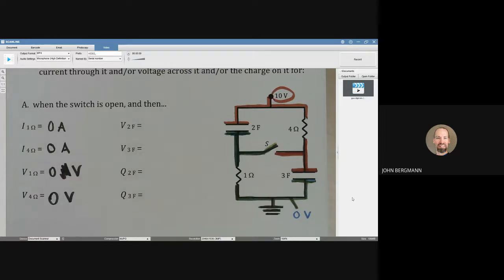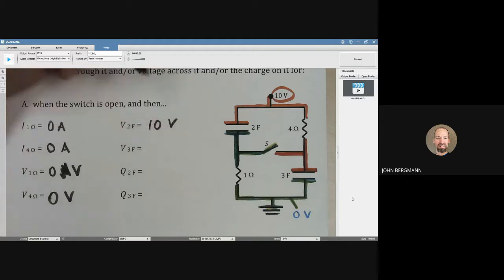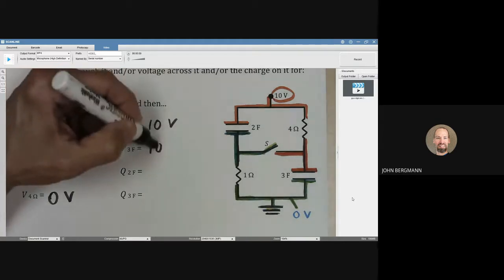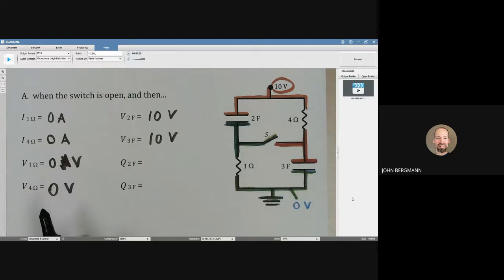The voltage difference then across the 2 farad capacitor, it's 10 volts on one side, it's 0 on the other, so that's 10. Same thing with the 3 farad capacitor. The pressure difference is 10 volts. And how do we calculate the charge on the capacitor?